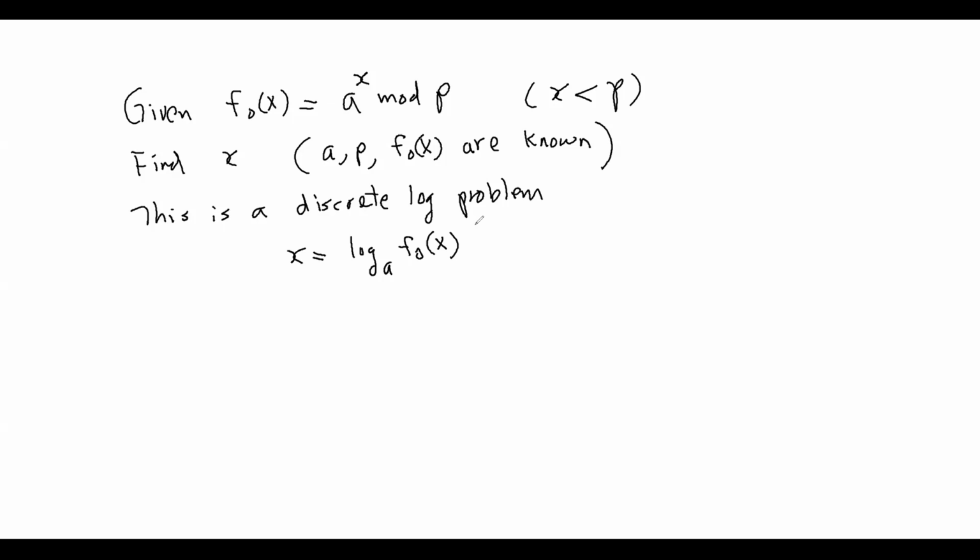Because f0 of x is less than p, this is a logarithm problem, so it's called discrete log.